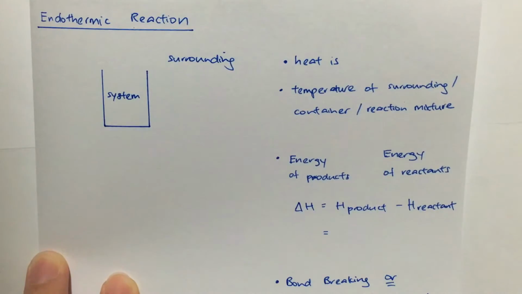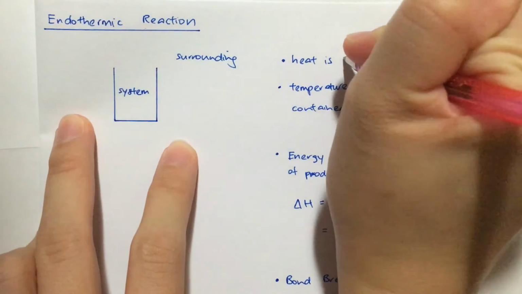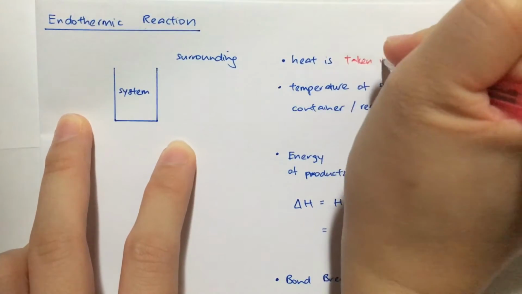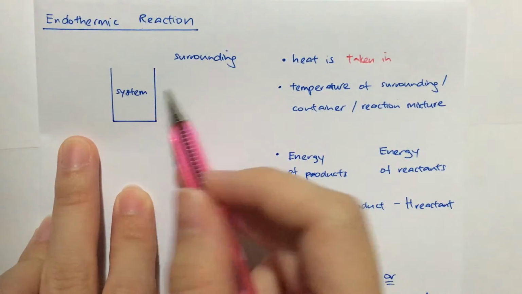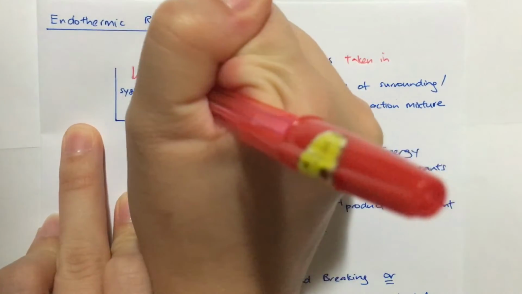For the next one, we talk about endothermic. Endo means heat is taken in, meaning the surroundings have to supply heat to the system.